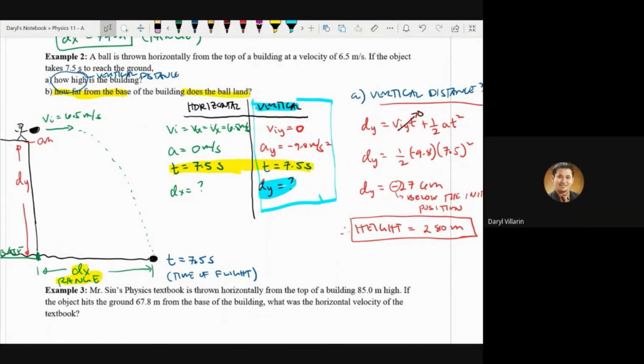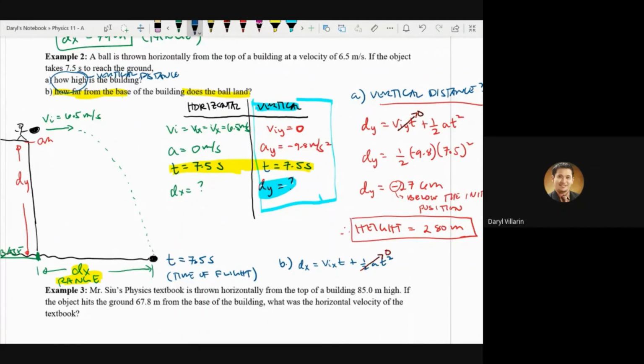Okay. So for letter B, you can still use the same equation. Everything is given except for dx. So you have dx is equal to VIX t plus 1/2 a t squared. But then again, since acceleration is 0, that term is 0.